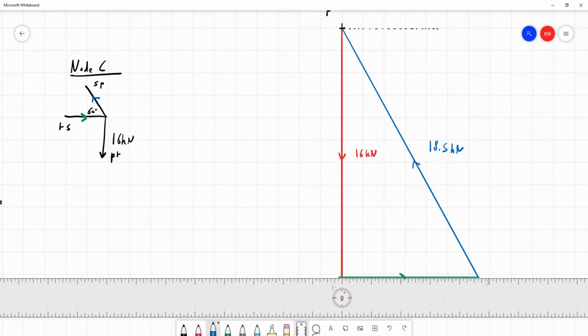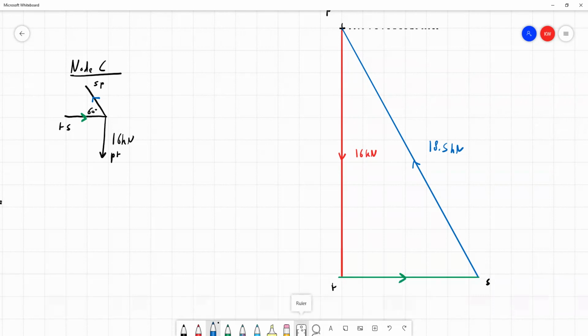But we'll go with the answer from the course notes because we want to keep that consistent, and that gives it an answer of 9.2. So it's just less than 9¼ centimeters, 9.2 kilonewtons. So if you're drawing this in a 1-to-1 scale, you should be measuring something close to 9.2 centimeters for that vector. So that's our analysis of node C complete.